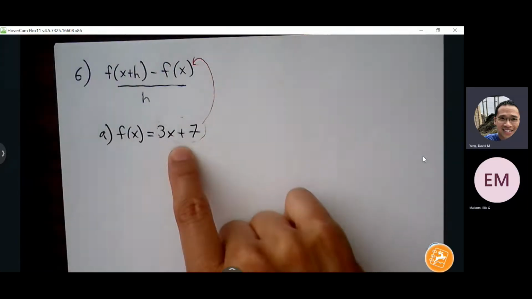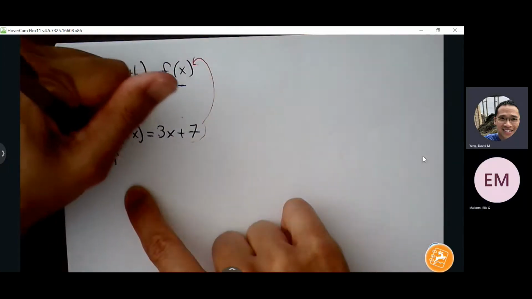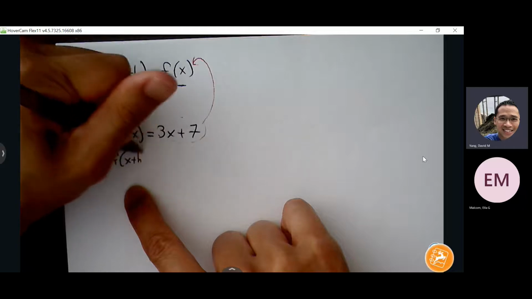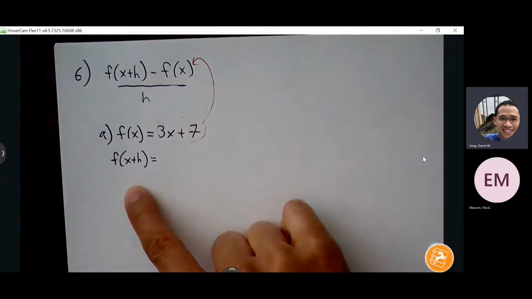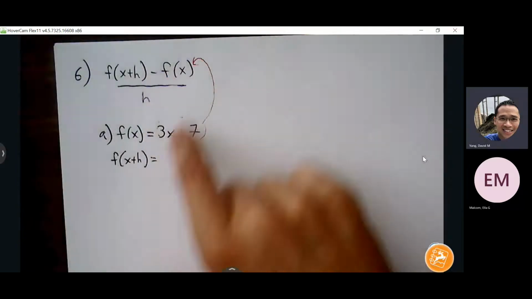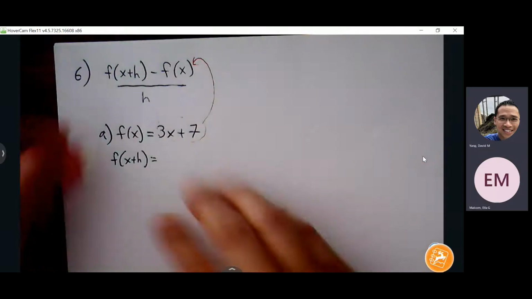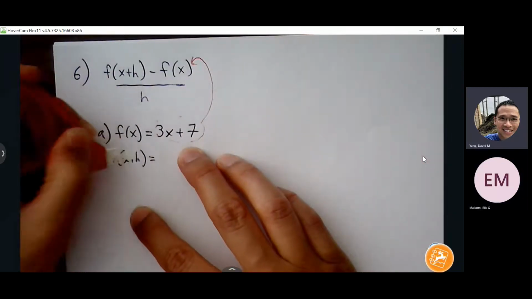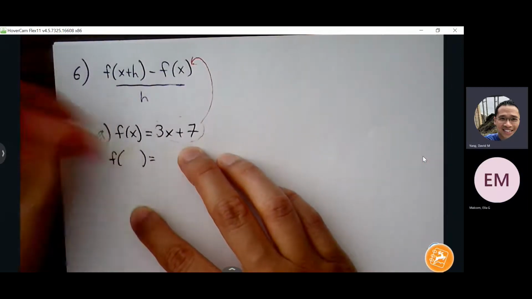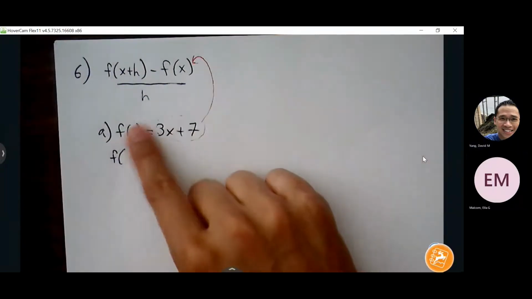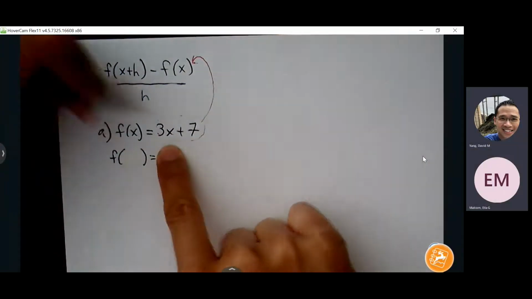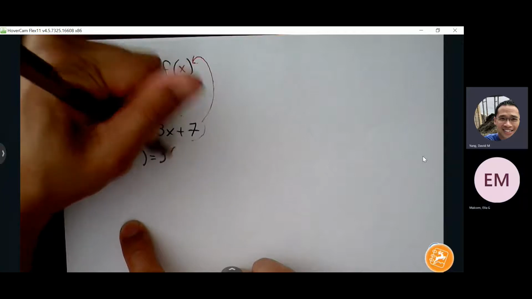If f of x is 3x plus 7, then f of x plus h means we're going to replace every x we see with an x plus h. So what I tell students to do is pretend like we don't know what's inside the parentheses, and you replace the 3x plus 7 with a set of parentheses.